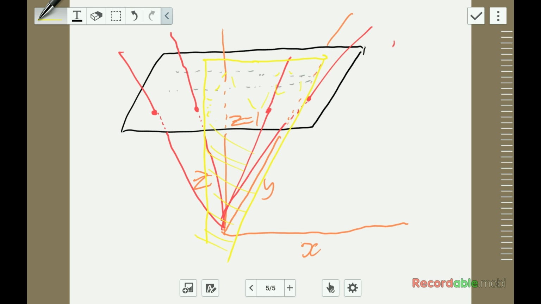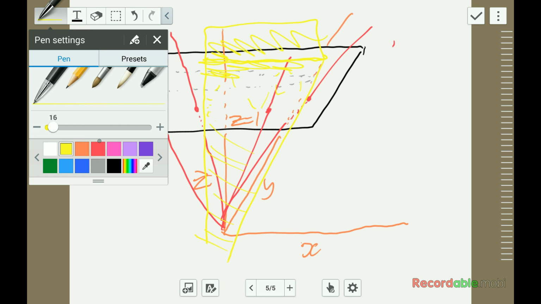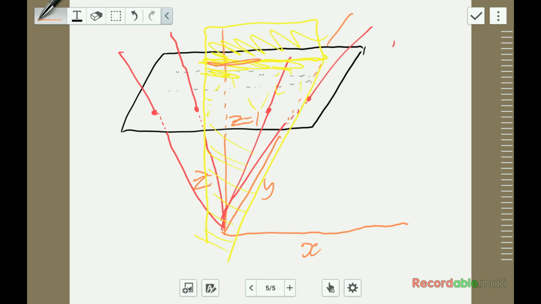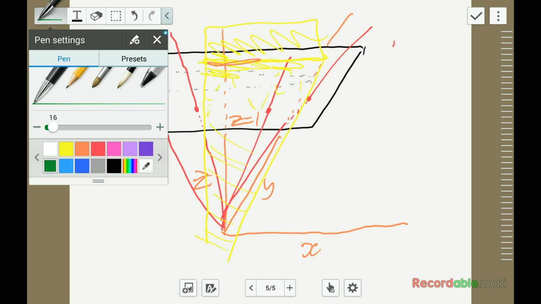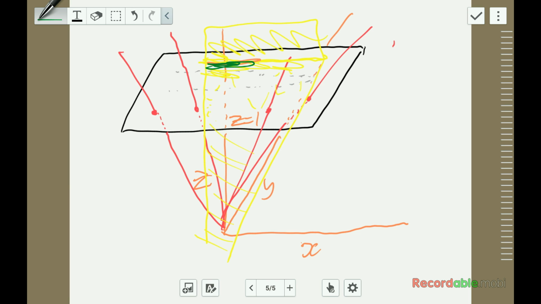So, and it'll cut out here. And this will be the, whoops, better do a different colour. This will be where this yellow plane cuts the z equals 1 plane and actually forms a line.